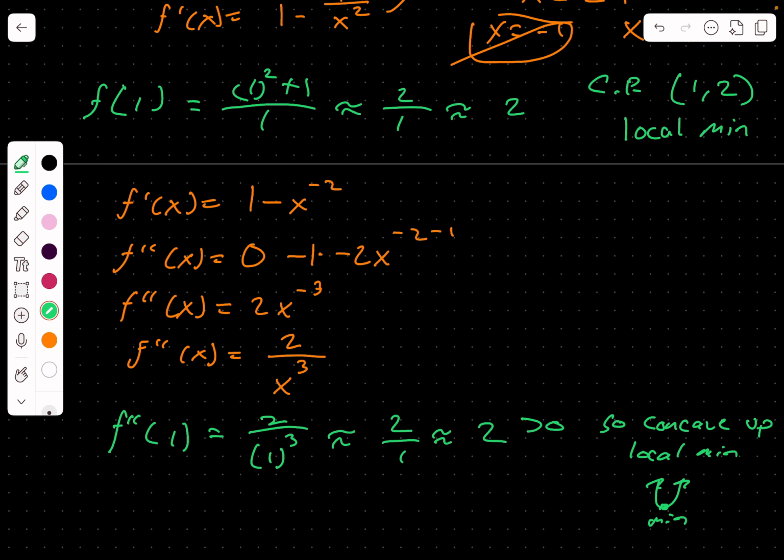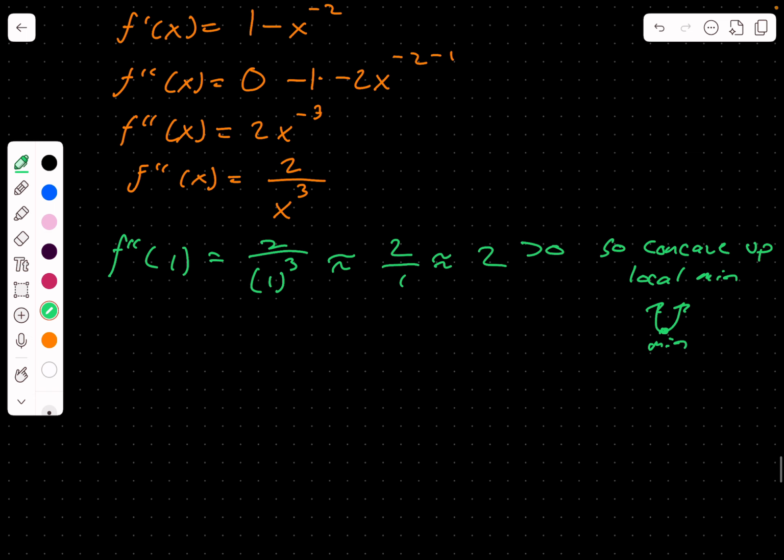Now we can find out if we have an inflection point. Okay, let's do that. To find our inflection point, we must take our second derivative and we must set it equal to 0. Our second derivative is 2 over x to the third power. We set that equal to 0. What do we get?